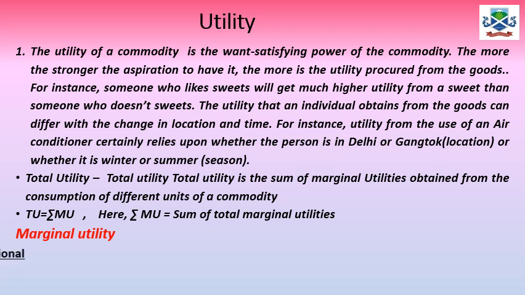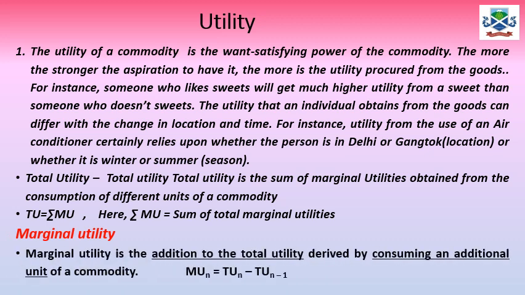Marginal utility is the addition to total utility derived by consuming an additional unit of a commodity. It is calculated using the formula MU of the nth unit is equal to TU of the nth unit minus TU of the n minus 1 unit.